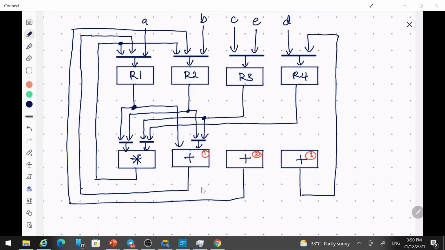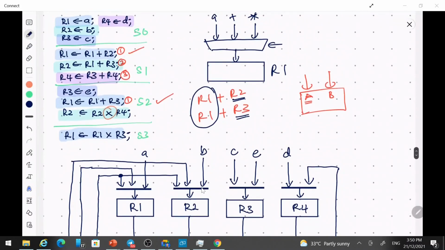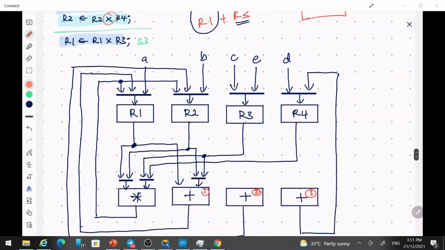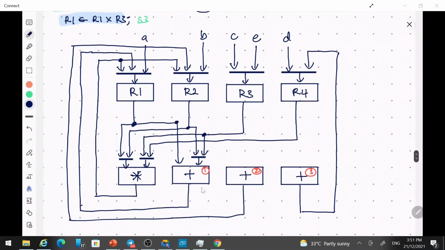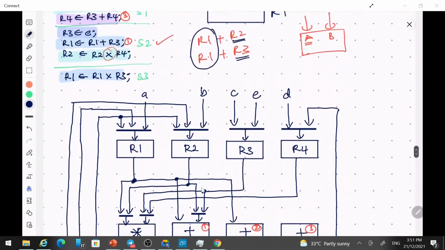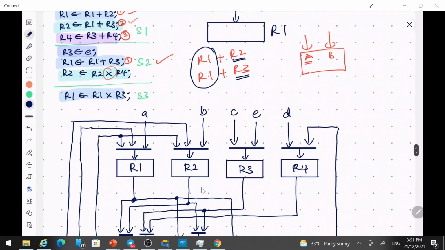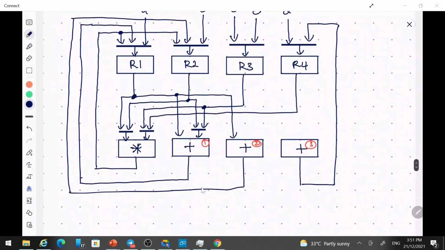What about adder number two? Adder number two is easy because you have only R1 plus R3. So we look at where is R1. So here is R1, and we can have the wire connected from that, and R1 plus R3, so you can have R3 here.